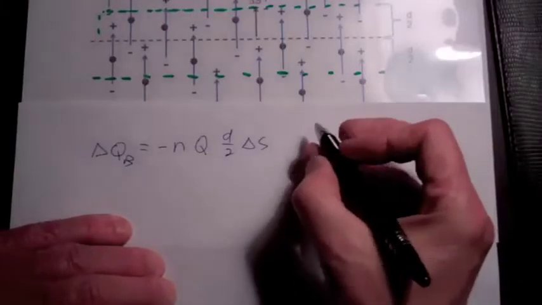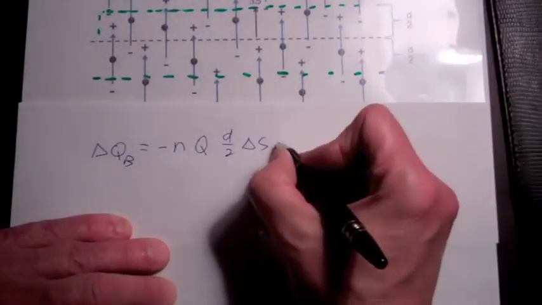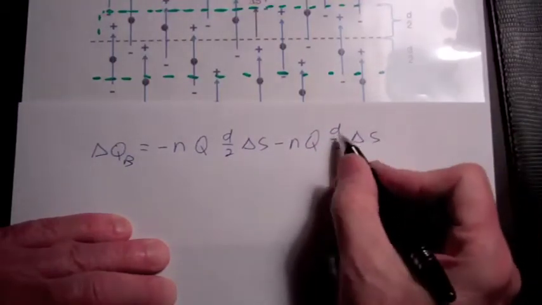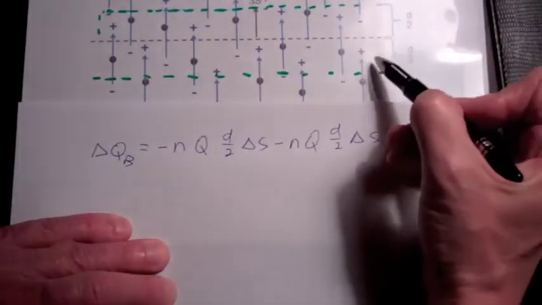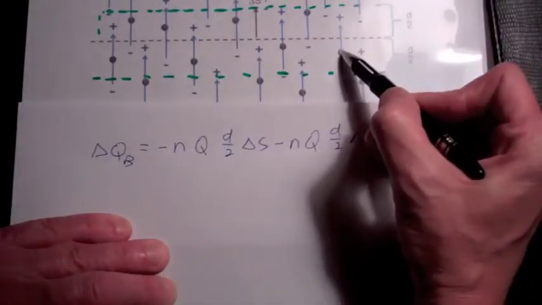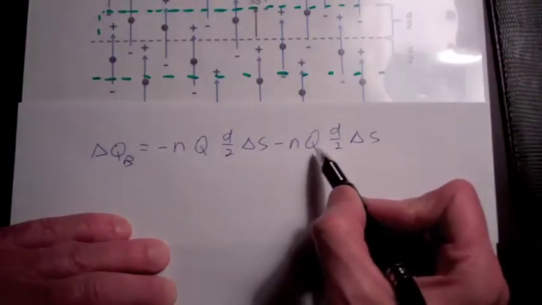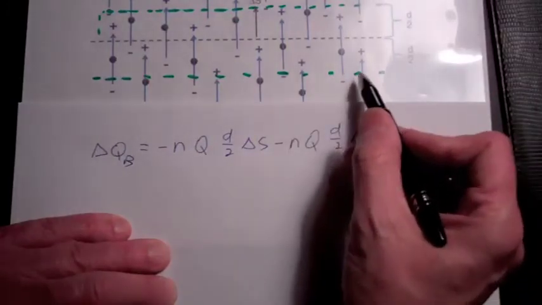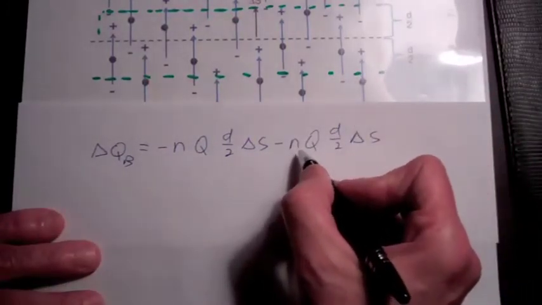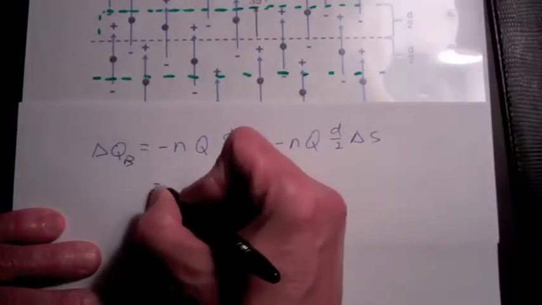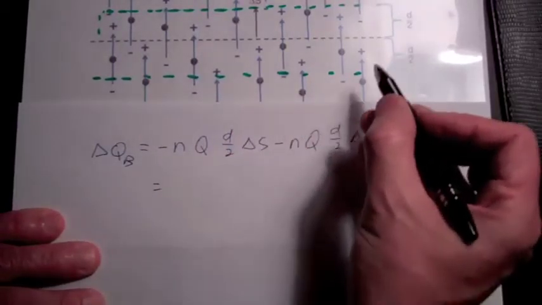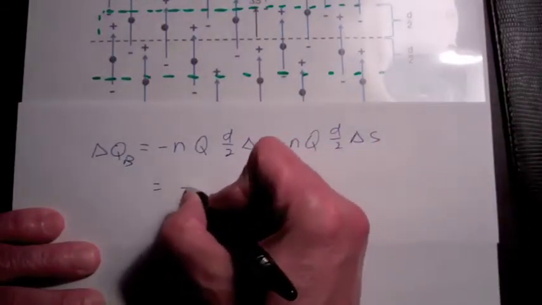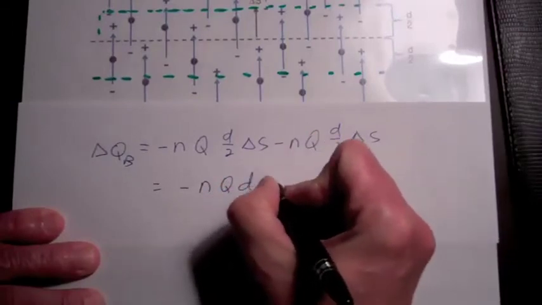So, this results in a change in the charge in our enclosed volume of minus nq d over 2 delta S, where d over 2 delta S is this volume in which every atom will push a plus q up through the interface, which will result in a minus q increase in charge in our enclosed surface, and n again is just the number of our atoms per cubic centimeter. So the change in charge in our enclosed volume due to just this one differential surface element delta S is minus nq d delta S.